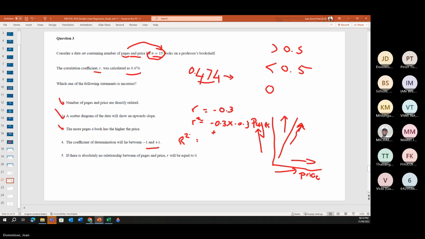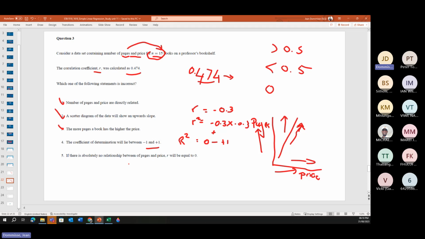So your r squared will always be positive. So it's actually from 0 to plus 1. A bit of a tricky question.